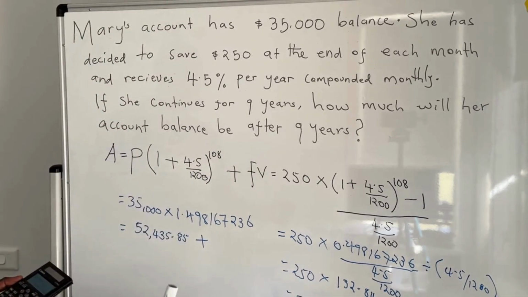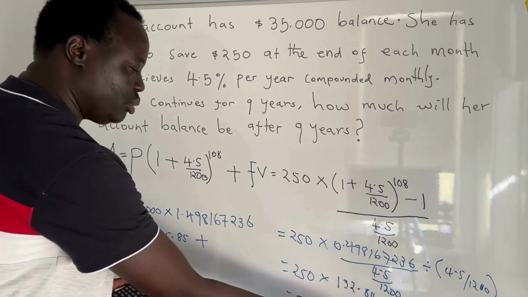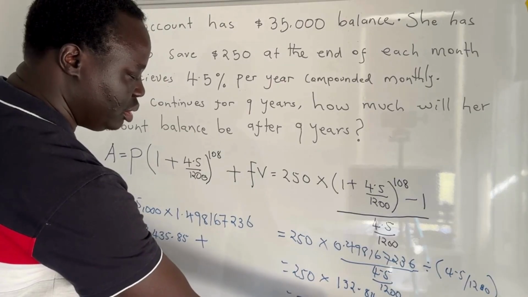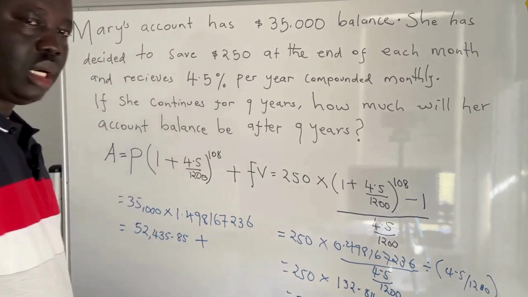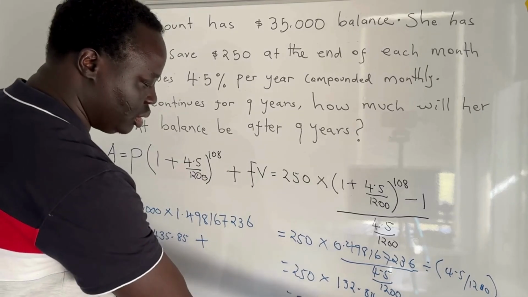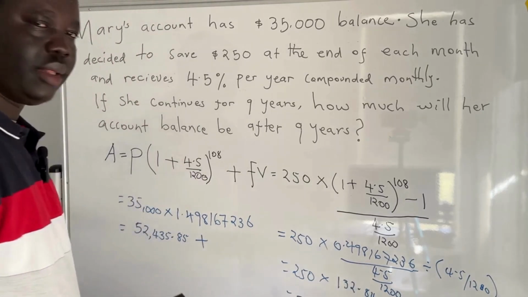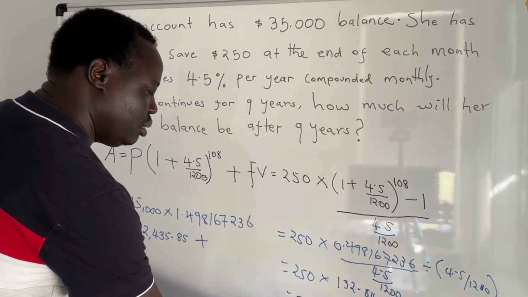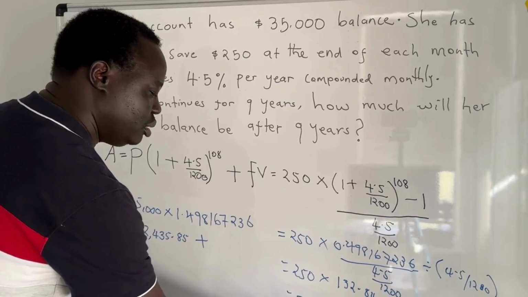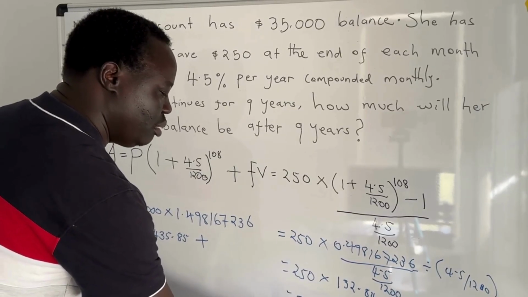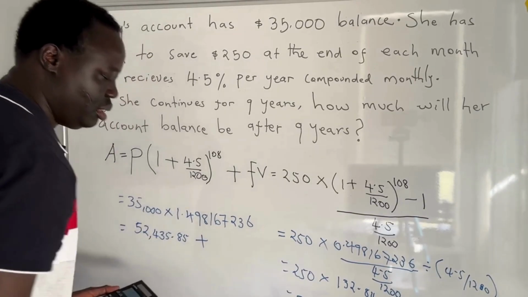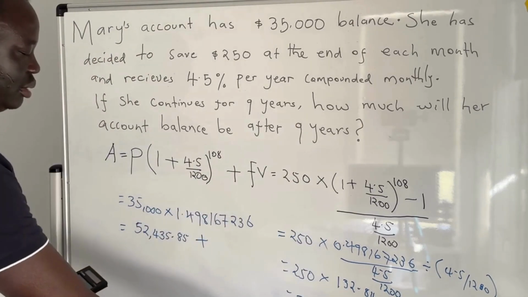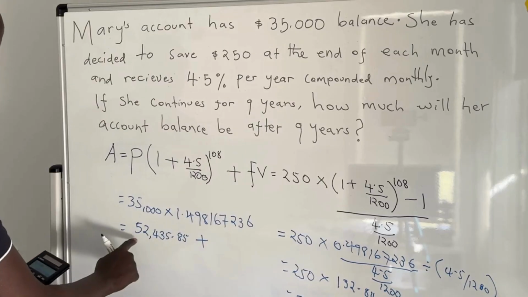What we're going to do from there, you can round this one up to 5. This is going to be two decimal places. So you're going to have 33,211.15. Now you have this amount, which is from the annuity part, and you have this amount, which is from the compound interest part.